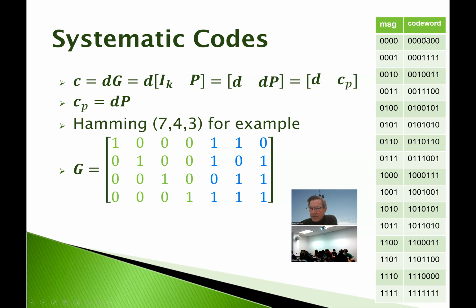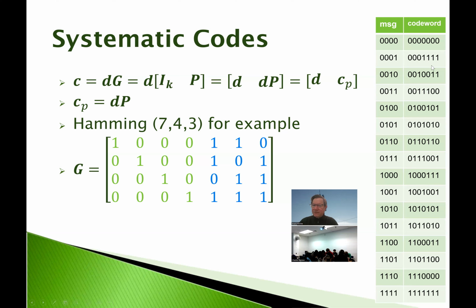Now you'll see that there are 16 of these, but there are 2 to the 7th possibilities here, right? It's 128 different possibilities, but we're saying that only these 16 are valid code words.